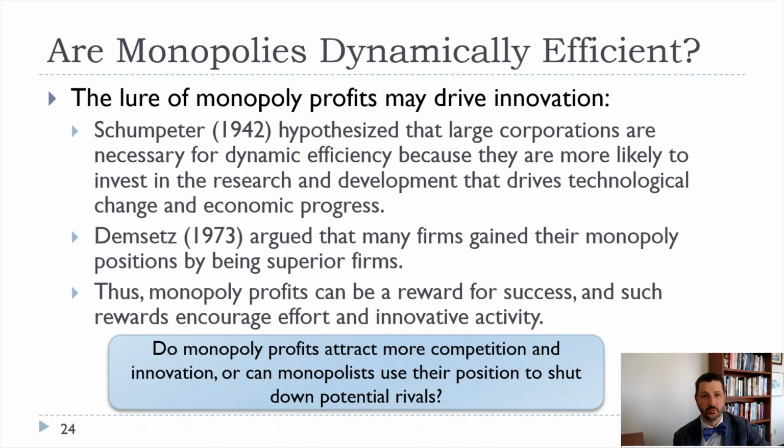So this is what Schumpeter was saying. He was saying the whole process of creative destruction is driven by these technological innovations, and then firms get to enjoy those profits because they were more innovative, right? And I think there's definitely some truth to that.